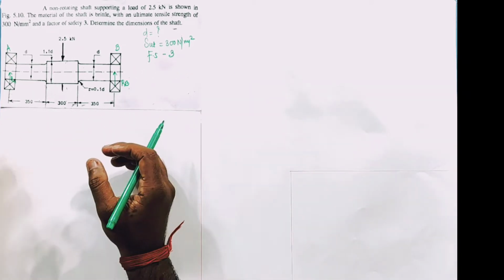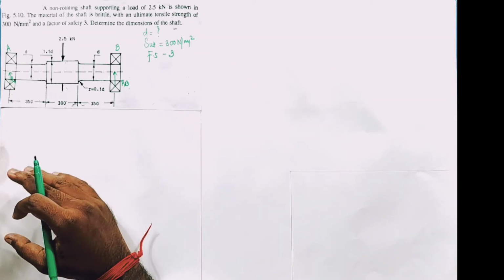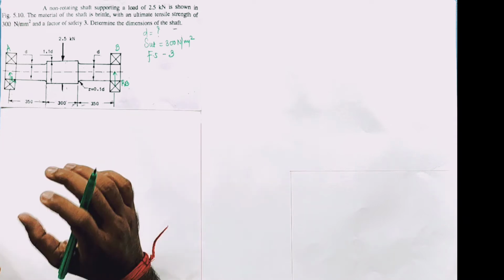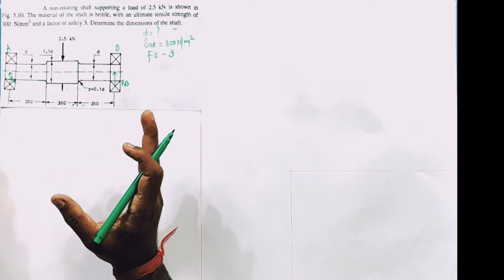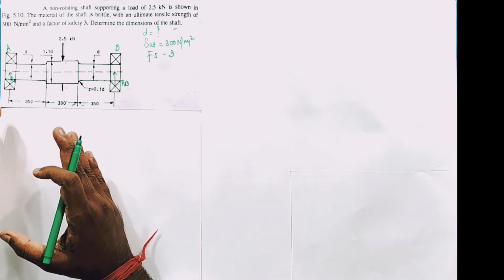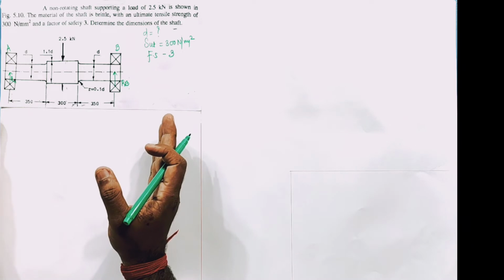So I'll say like this. Now it is very simple that load is acting at a center and the bearings have reactions which are symmetrically situated. It means by common sense I can say, if 2500 Newton load is acting at a center, for two bearings it will be divided by 2. Correct?